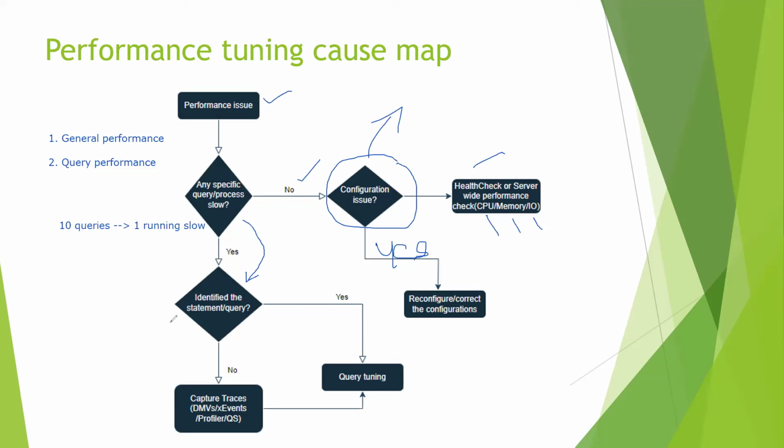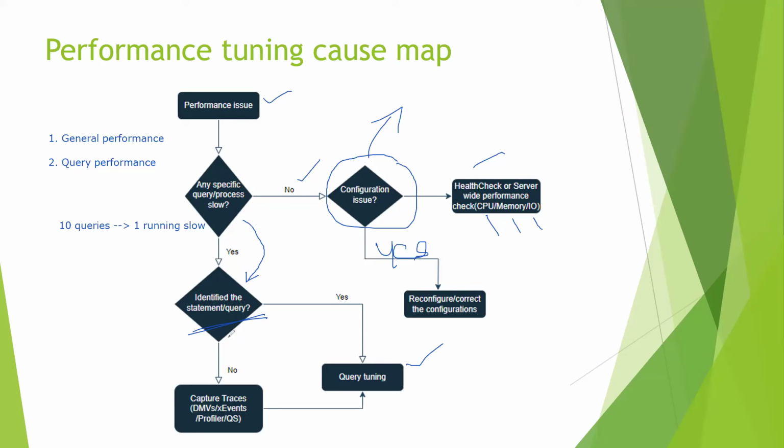So we'll have to see whether the query is identified or not. If the query is identified, then we'll have to look at the specific query performance, execution plans, and check further at the query level. We will talk about query performance later.